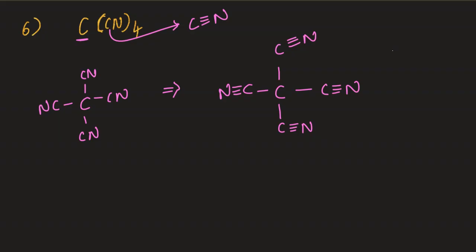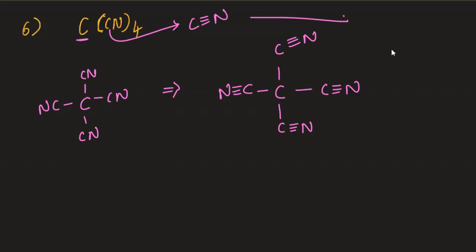Now we need to find all the information regarding the middle carbon and the other carbons. I think you understood the hybridization, so we'll go with how many sigma bonds.